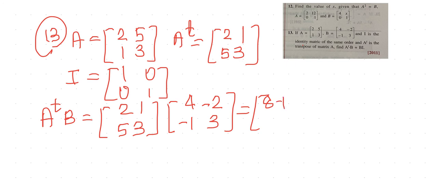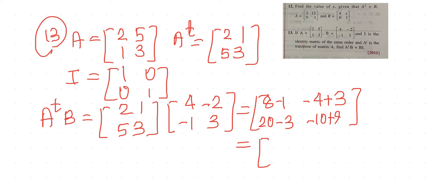Okay, and then here you will be getting 2 into 2 is minus 4, and then 1 into 3 is plus 3, then 5 into 4 is 20 minus 3, and here you will be getting minus 10 plus 9. Sorry children, not minus 6. See, this is what I am saying, silly mistakes. So how much will this be? This is going to be 7, 17, minus 1, minus 1. So this is A^T into B.